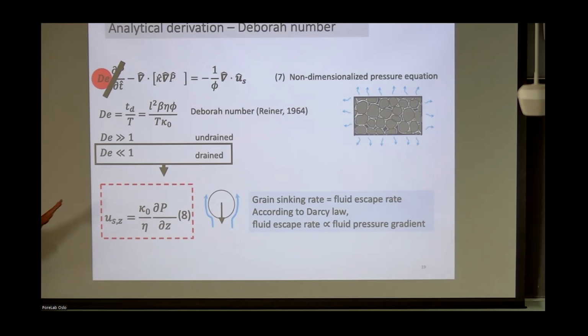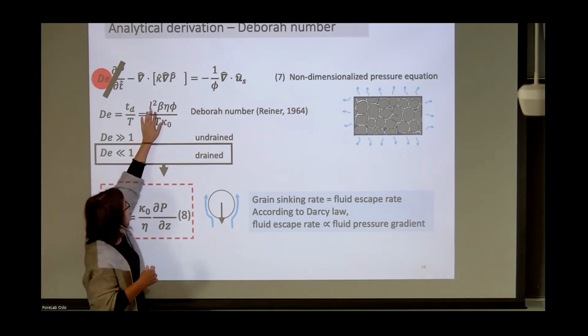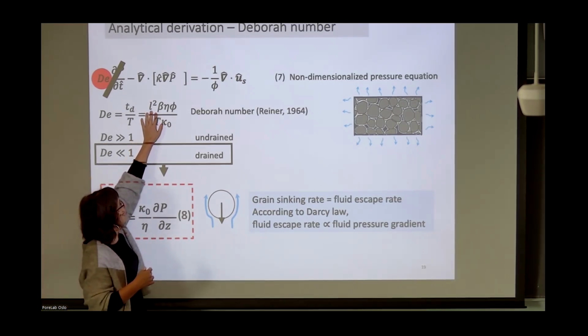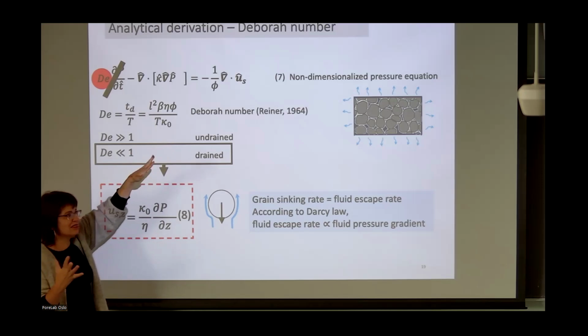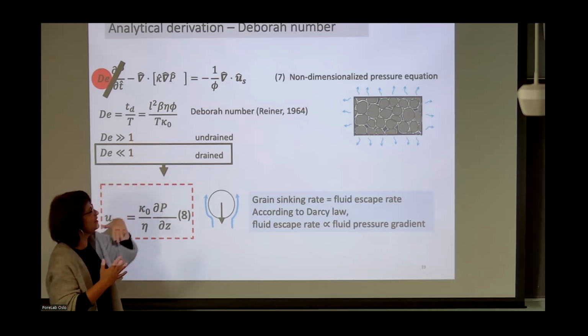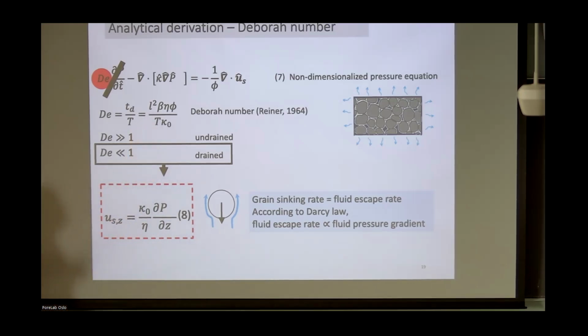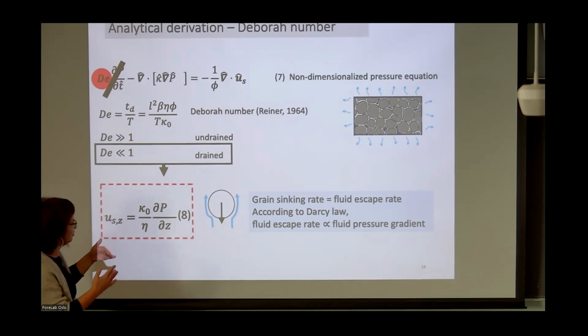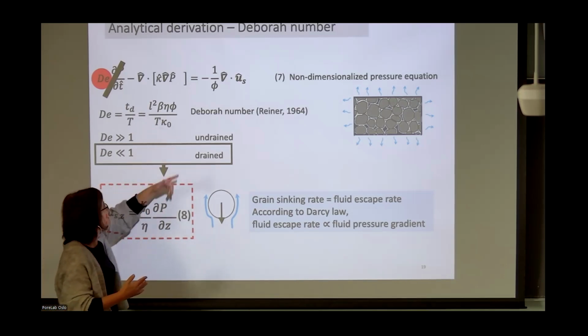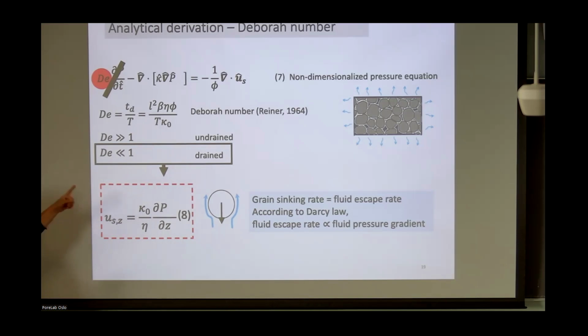So that actually depends on how your system acts. It's a characteristic distance to which the fluid has to diffuse in order to lose its pressure to a different pressure place. Beta is the compressibility, eta is the viscosity, phi is the porosity, and K0 is the permeability.